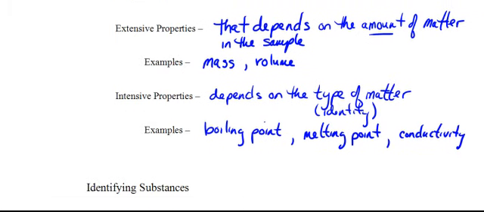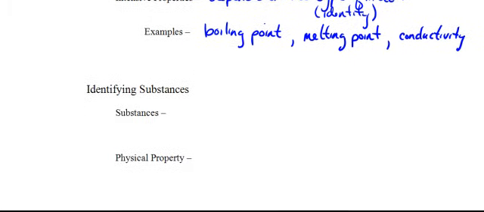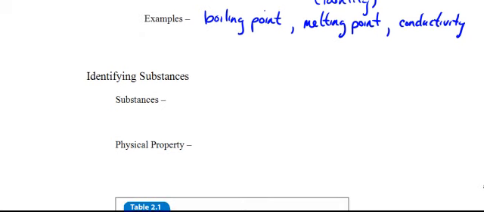Now let's move on to identifying substances. Well, first of all, what's a substance? Well, a substance is something that has a uniform and definite composition.